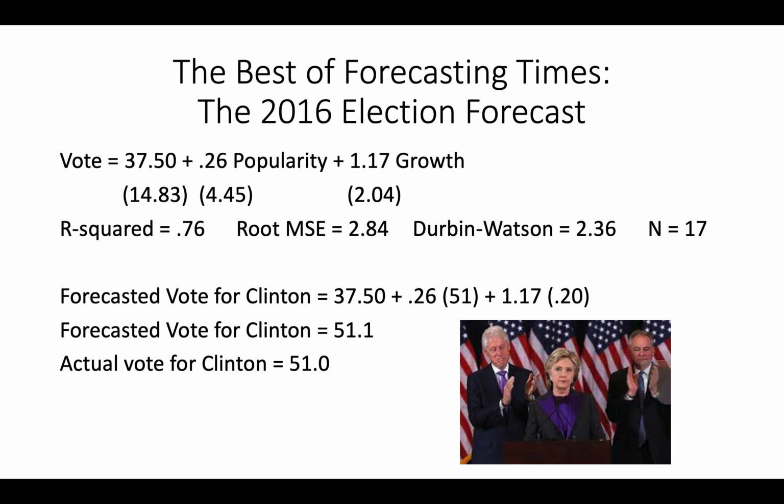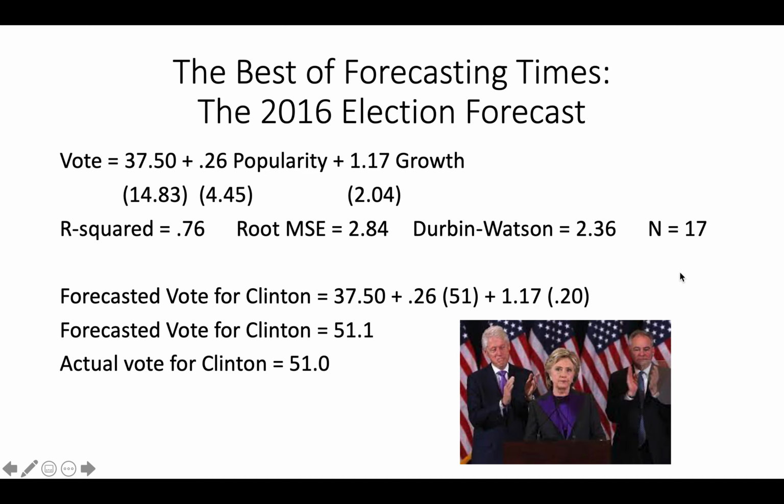And the idea is to try to measure autocorrelation if possible. I won't go into the formula, but suffice it to say that a Durbin-Watson that is relatively close to 2, and accounting for the number of independent variables in the regression model and the sample size, the closer that the Durbin-Watson is to 2, the less likely it is that autocorrelation is present. So 2.36 is close enough to 2 where we can rule out autocorrelation in this particular model.